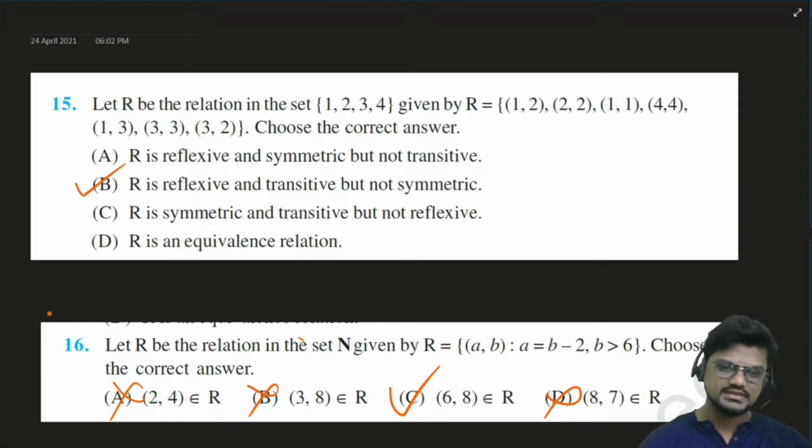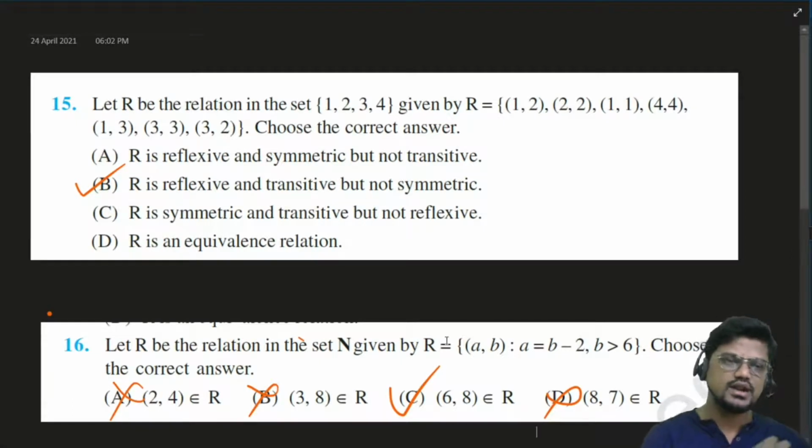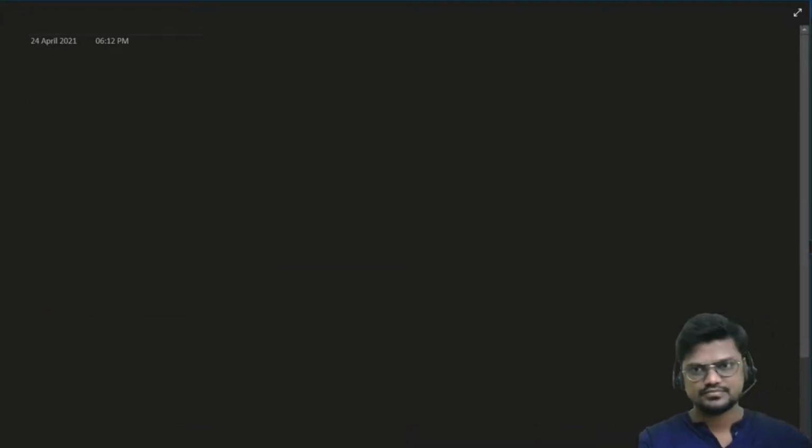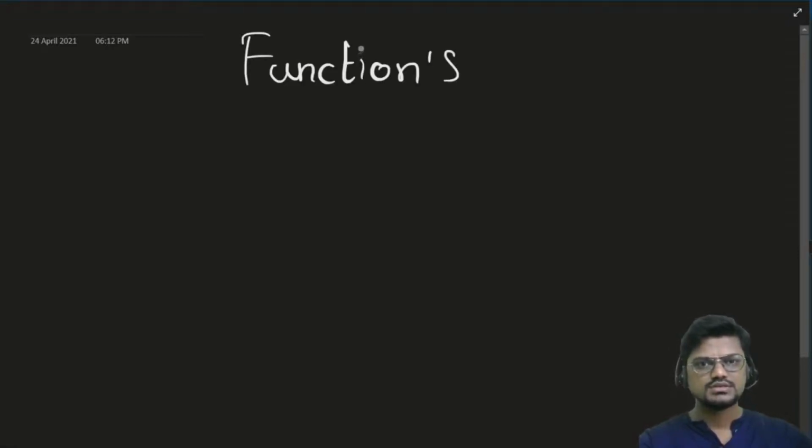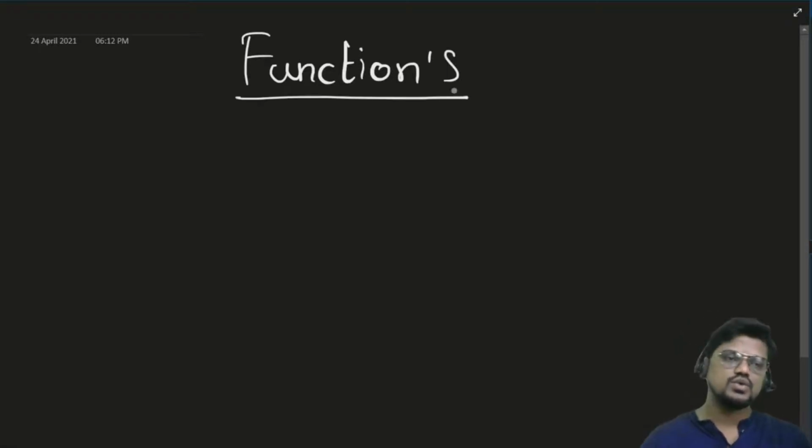Now we are done with the relations. The next thing is functions, and its types. Now this is very important, to identify whether the given set is a function or not. I hope you guys remember how to identify a function.